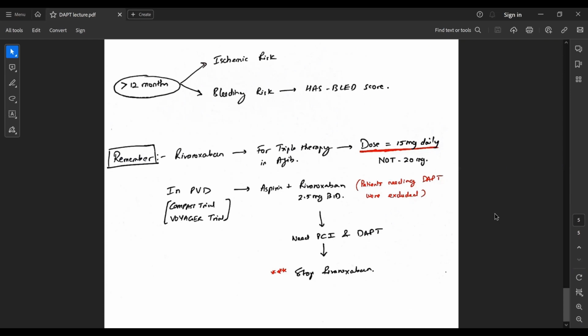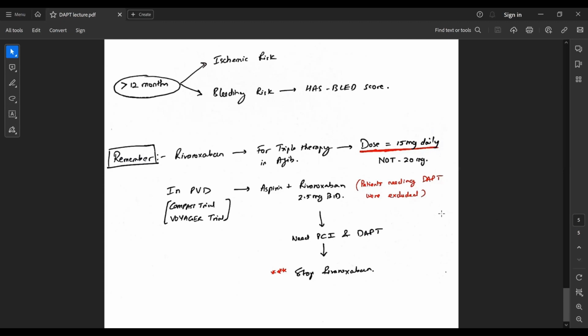Whereas in the Voyager trial, the patients who received rivaroxaban 2.5 milligram twice a day along with aspirin had a significantly lower incidence of composite outcomes of limb ischemia, amputation, MI, ischemic stroke, or death from cardiovascular causes when compared to aspirin alone. The incidence of major bleeding did not differ between the two groups. There was no statistically significant difference in major bleeding.